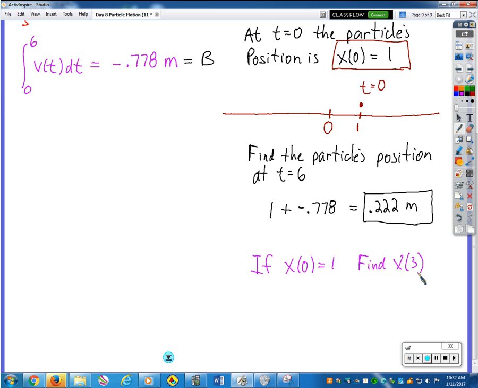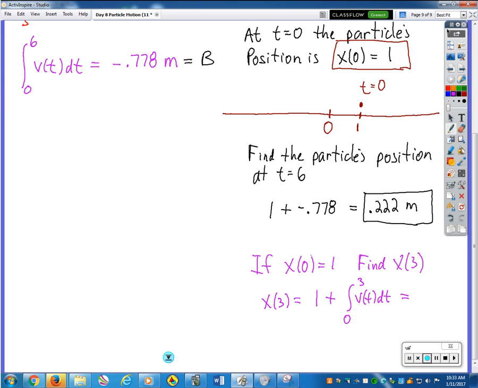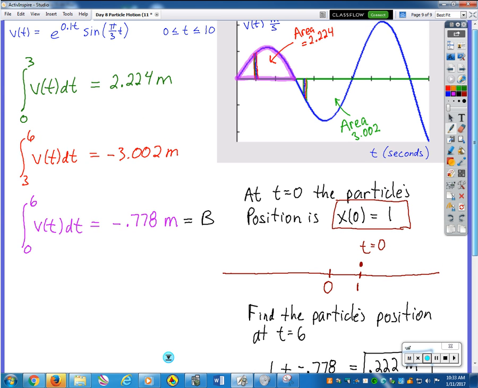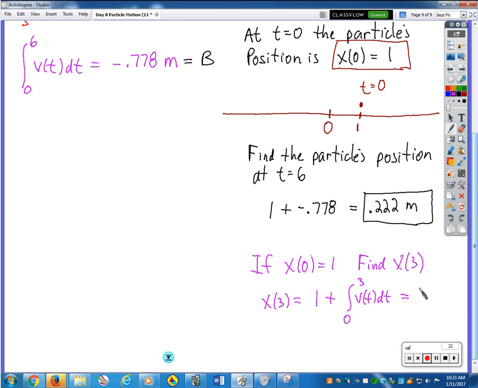What Sarah just did is perfect. x of 3 is equal to 1 plus the integral from 0 to 3 of the velocity, because 1 is where the particle is located, and the integral will tell you how much the position changed. You just type this in your calculator, and you will get 3.224 meters.